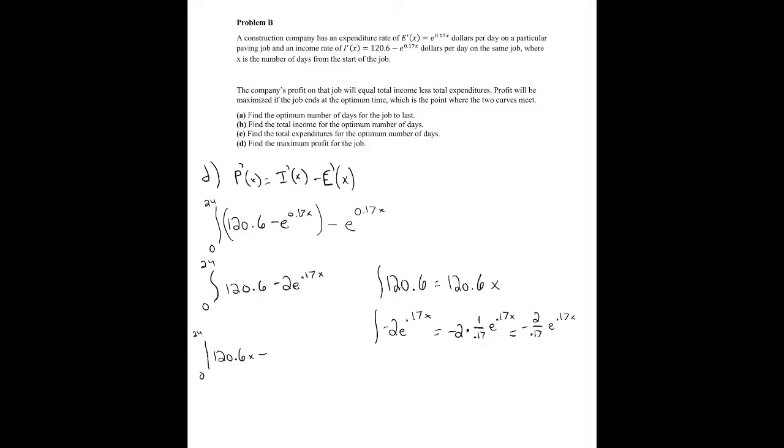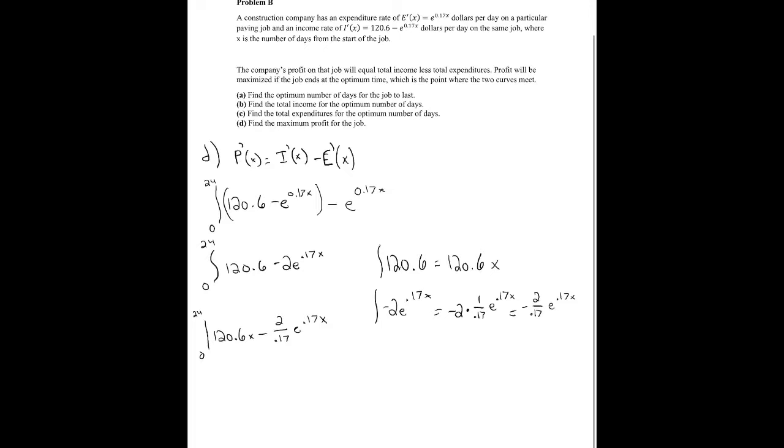Now we're going to want to use the other rule we talked about, which would be the upper bound minus the lower bound by plugging them both in for x. So if we plug in 24 for x, we get 120.6 times 24 minus 2 over 0.17 times e to the 0.17 times 24.